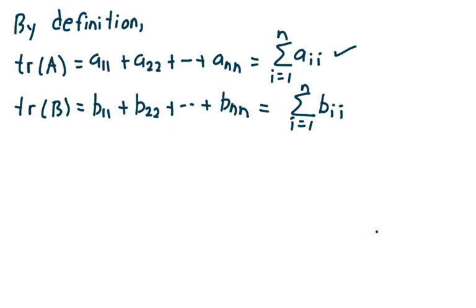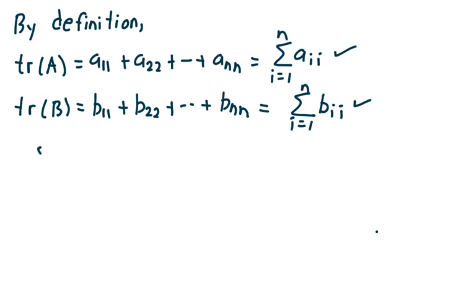That's the summation from i equals 1 to n of Aii. In a similar fashion, the trace of B is equal to B11 plus B22 plus all the way through to BNN. And in summation notation, that's the summation from i equals 1 to n of Bii.